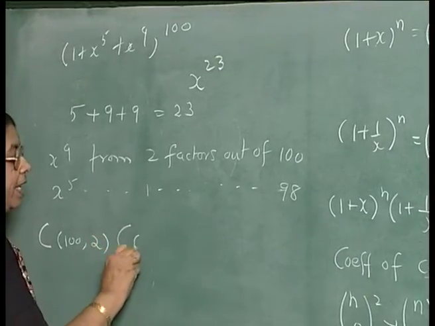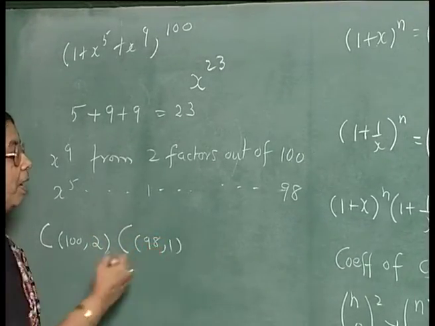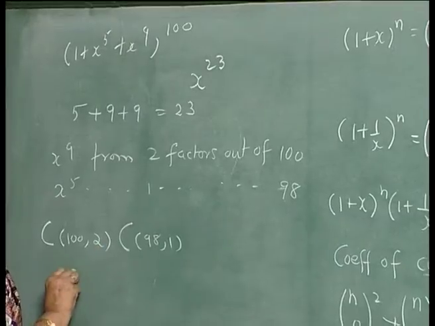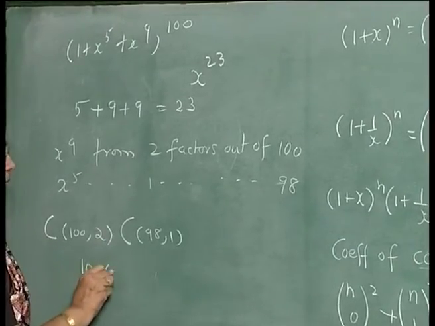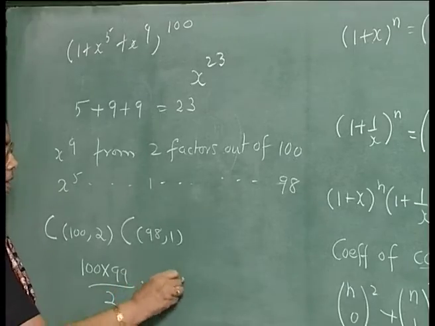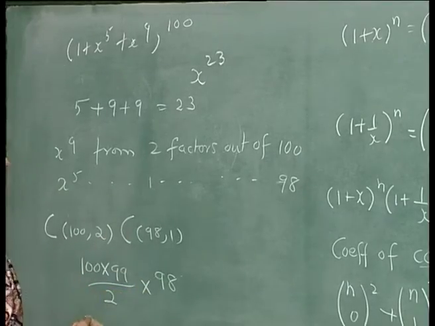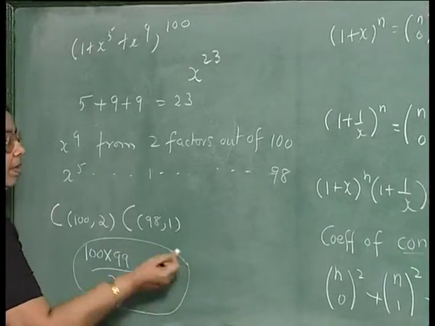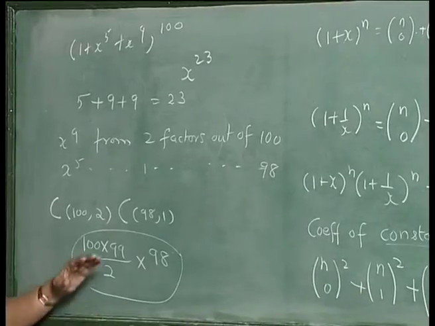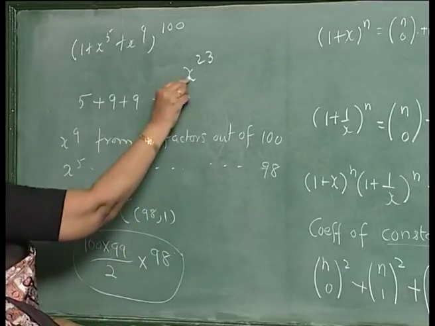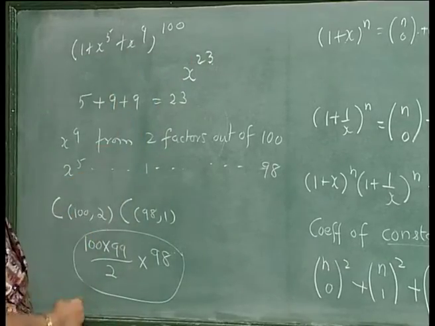That can be done in 98C1. From the rest of the factors, you have to select only 1. So this will give you the answer 100 into 99 by 2 into 98. You can simplify, multiply and get the answer for the expression. This is the coefficient of x power 23 in this expression.